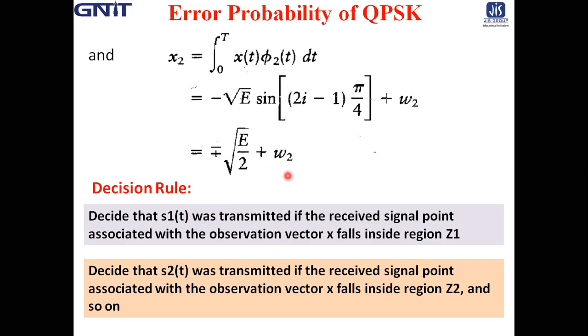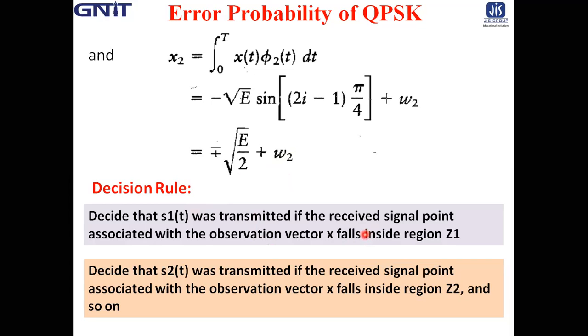The decision rule is to decide that s1(t) was transmitted if the received signal point associated with the observation vector x falls inside region Z1.